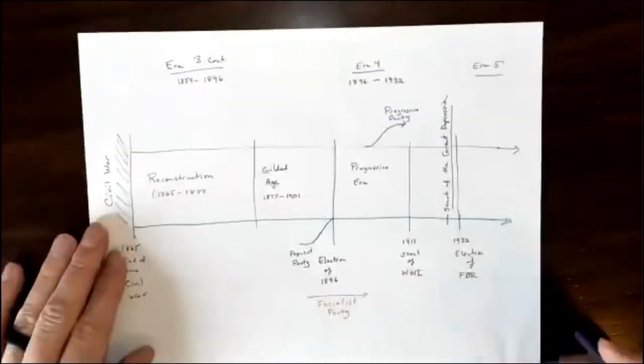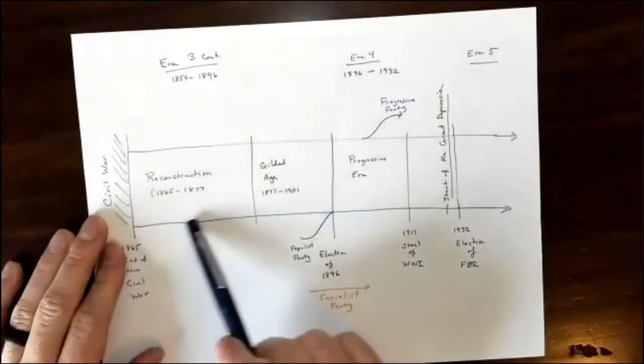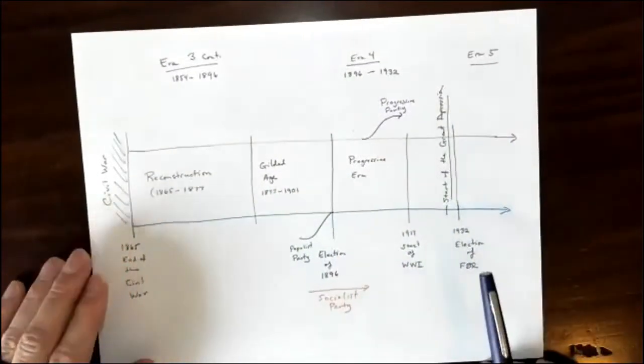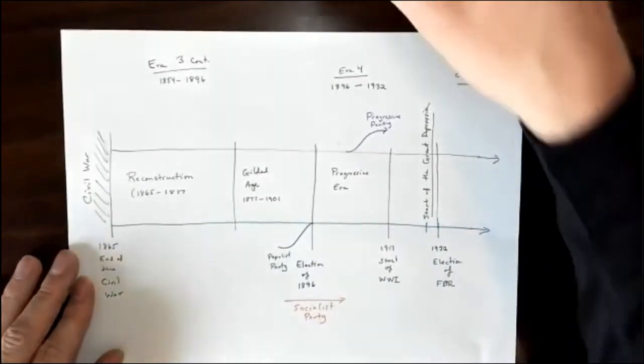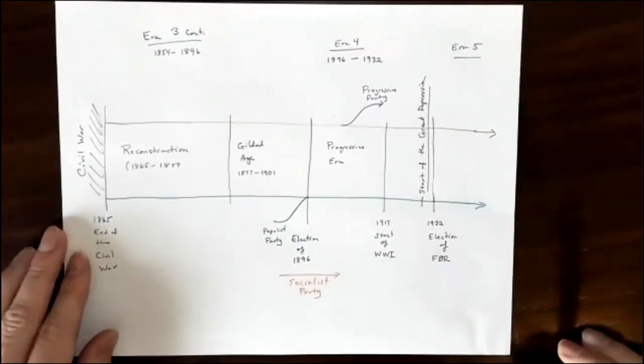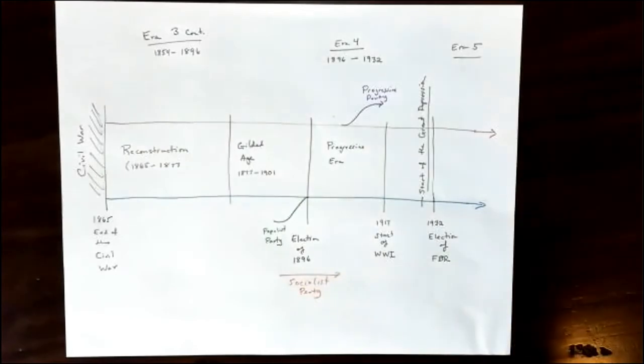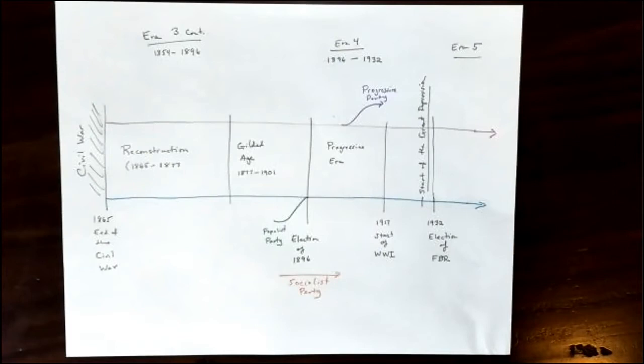And I want you to just draw 2 straight lines down to extend your timeline. So what we're going to do is pick up where we left off, and I'm going to try to explain how these political parties continued in each of these eras.